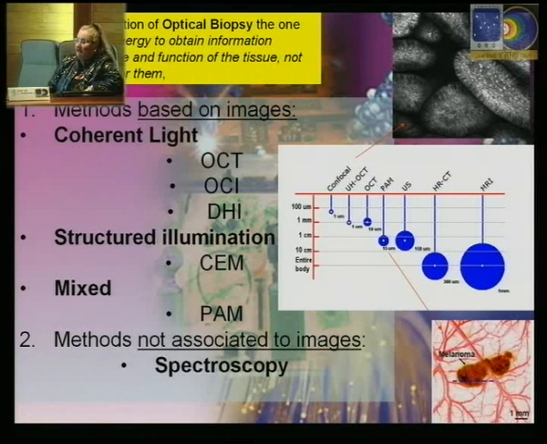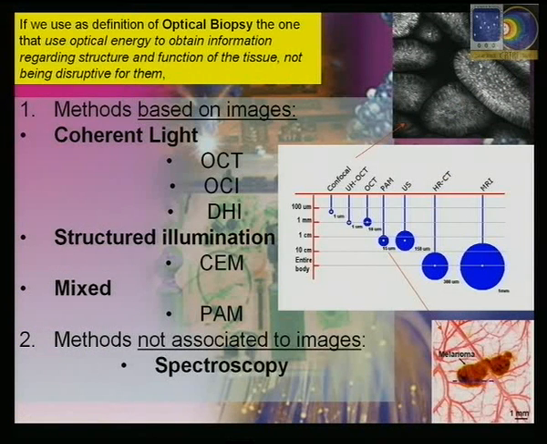First of all, we have to agree on the definition of optical biopsy. There are two types of optical biopsies. Initially, the term optical biopsy was applied to spectroscopy, so nothing related with images.